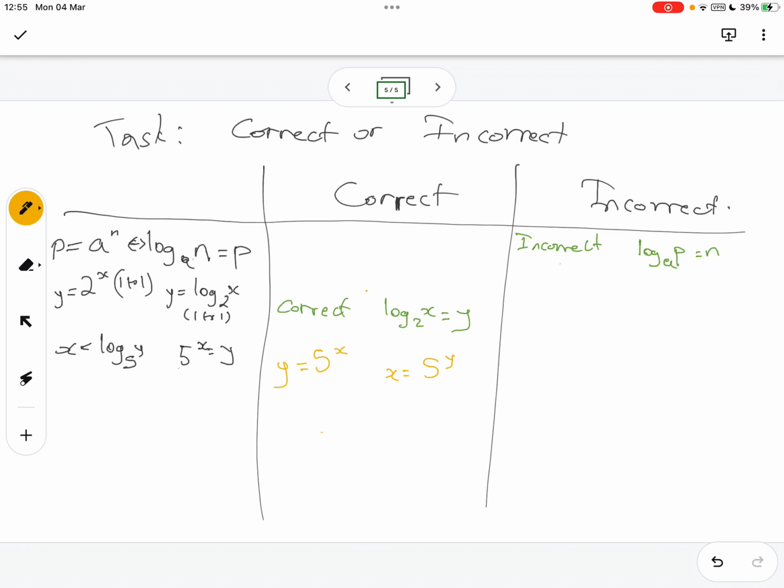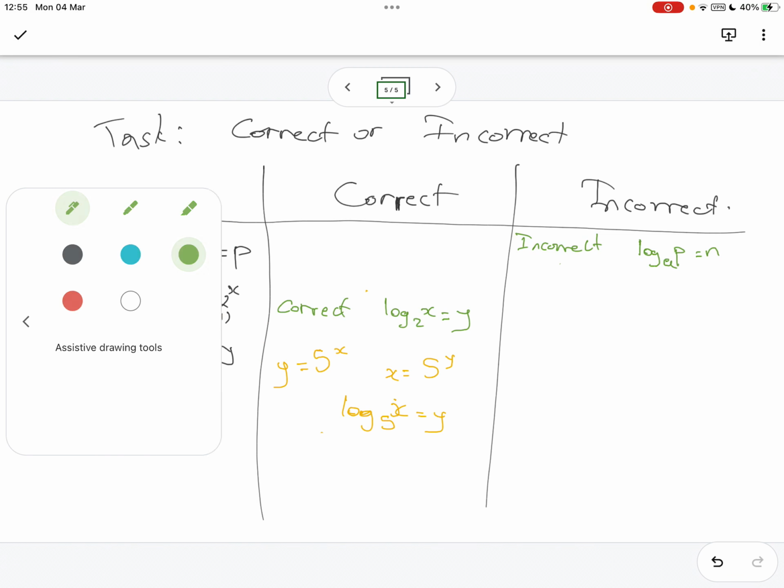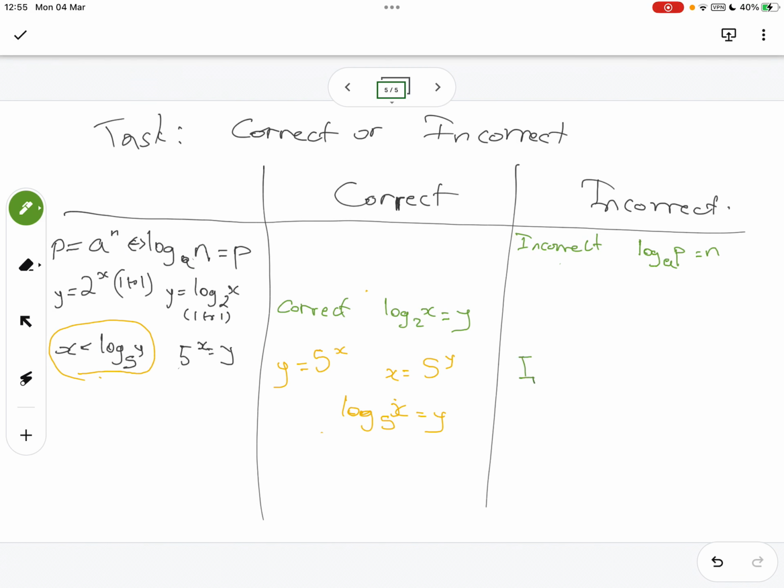And how do we do that? Swap x and y. So x equals 5 to the power y. Then write the inverse. So it'd be log x to base 5 equals y. Is that what you got? Yeah.